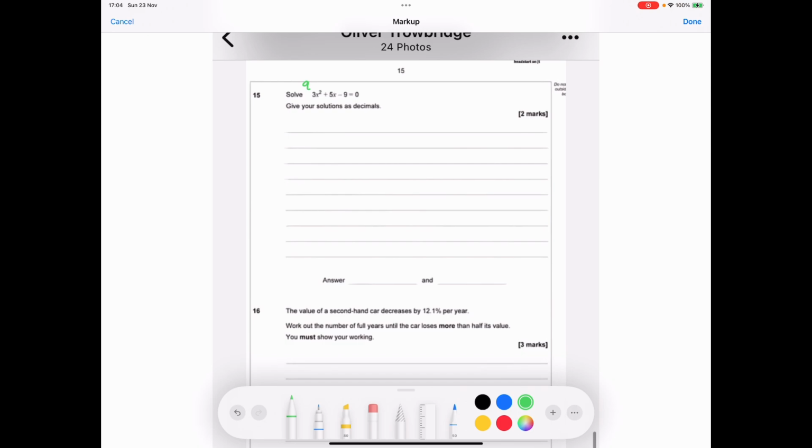So 3 equals A, 5 equals B, and minus 9 equals C. Our quadratic formula is minus b plus or minus root b squared minus 4ac, over 2a.